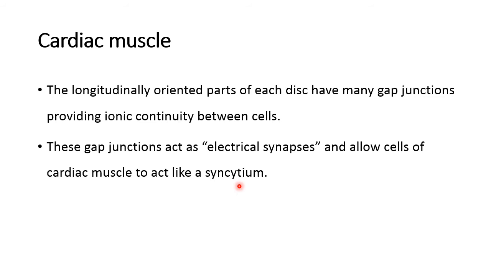So this makes the cardiac muscle cells contract and act as one unit, like a syncytium. When an impulse comes from one cell, it is transmitted quickly to the other cells and they contract at the same time as one unit. This is called syncytium. So it allows the cells of the cardiac muscle to act like a syncytium.